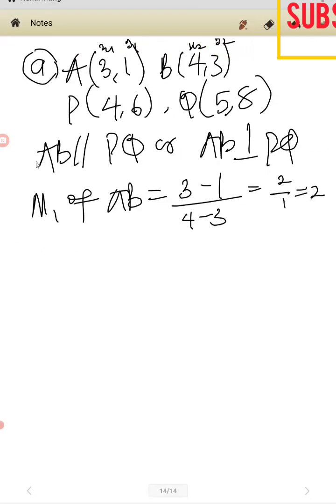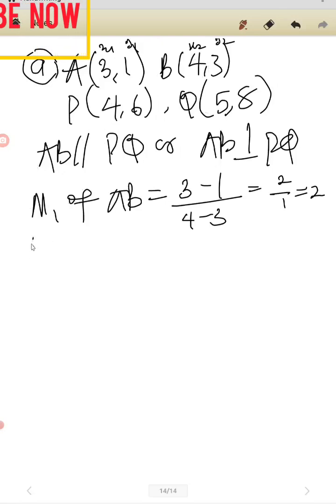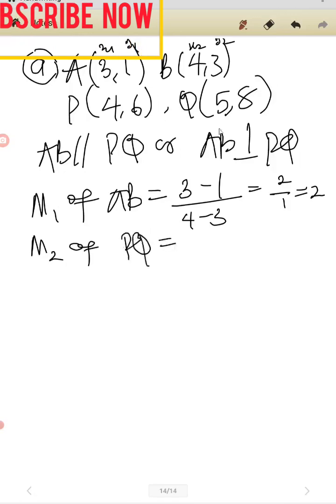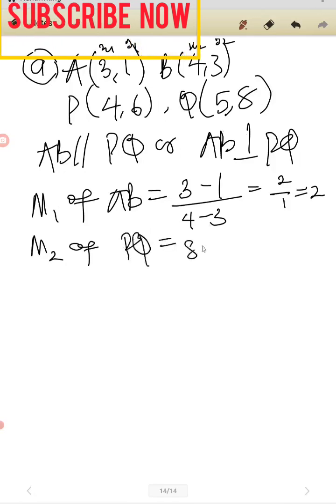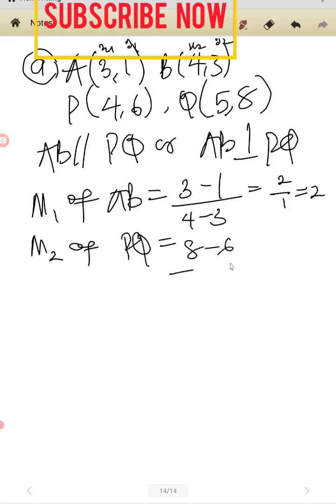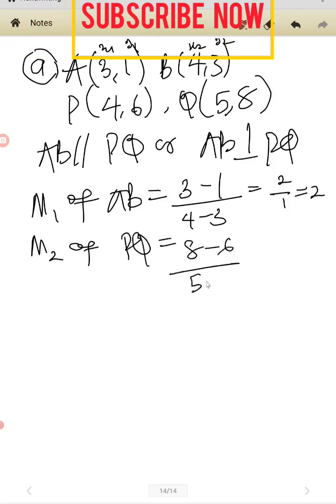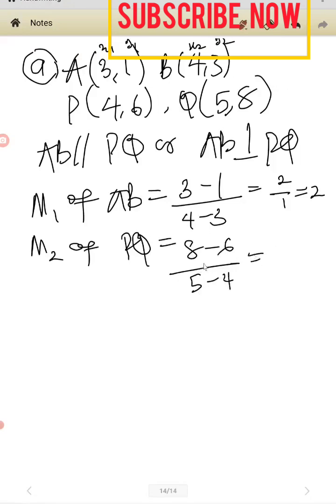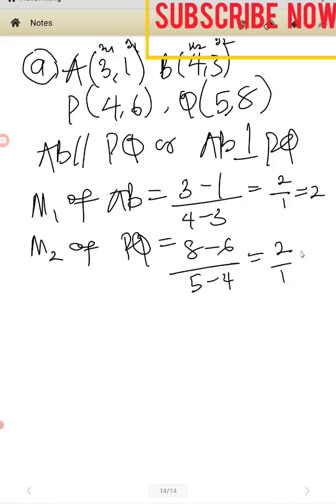So now let's find the second one, which is for PQ, that is M2 of PQ, which will give you 8 minus 6 all over 5 minus 4. Let's see what it gives you. This will give you 2 over 1, which is equal to 2.